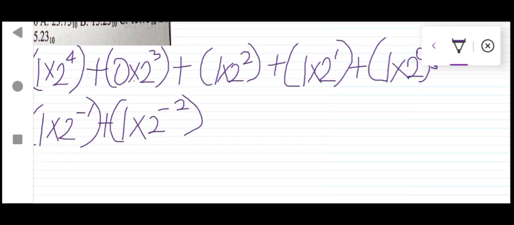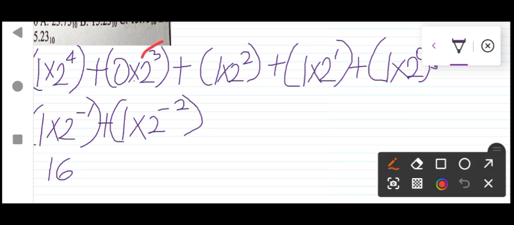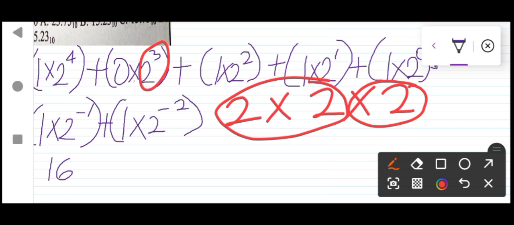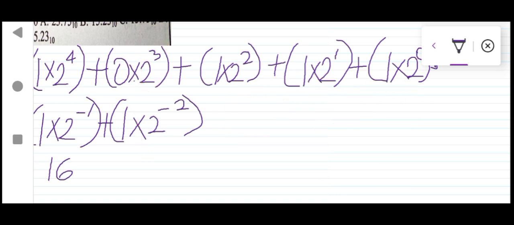Now we have 1 times 16, which is 16 for the first value. Now let's go for the next value. 2 raised to power 3 means 2 in 3 places, then multiply them together. 2 times 2 is 4, then times 2 is 8. But of course, we now need to multiply our 8 with 0, and that's still 0. So we have plus 0.